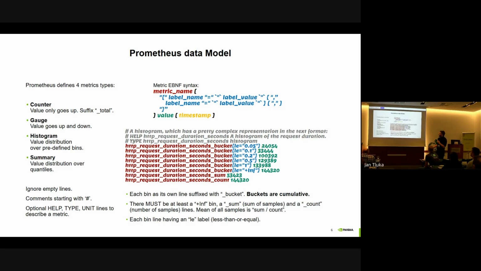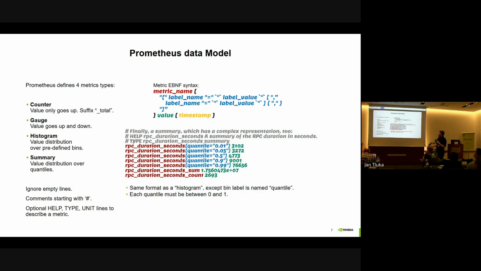One important thing is that in the Prometheus format, the buckets are cumulative, unlike the histogram that currently already exists in OVS. Finally, the summary is pretty much the same, except that the less-or-equal label is now called quantile, but otherwise it is pretty much the same logic.